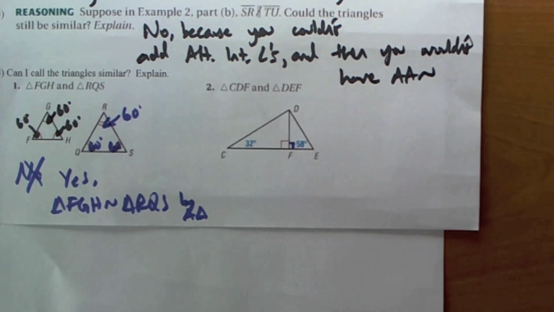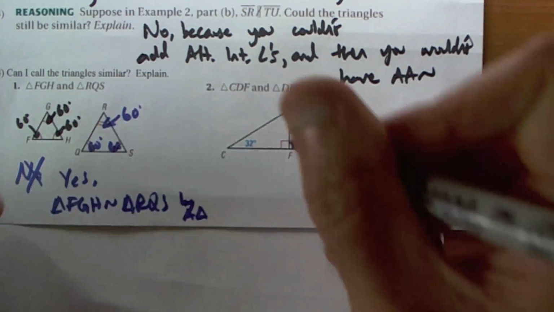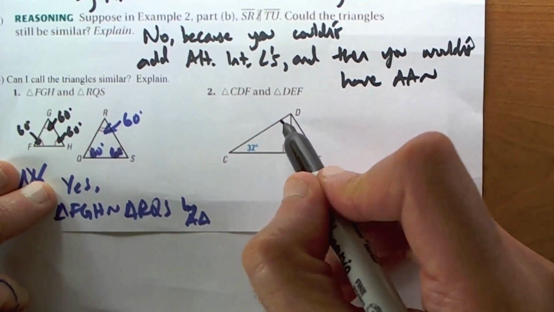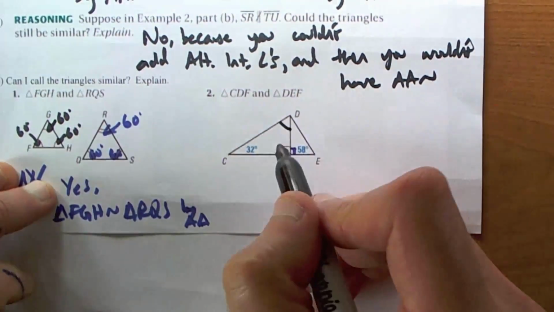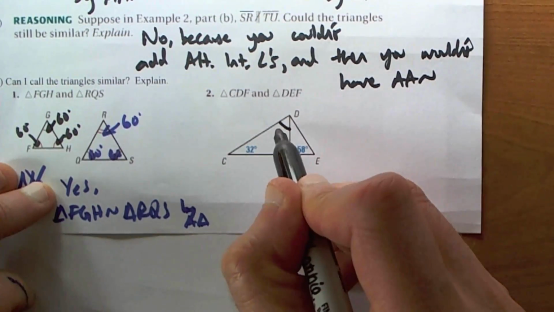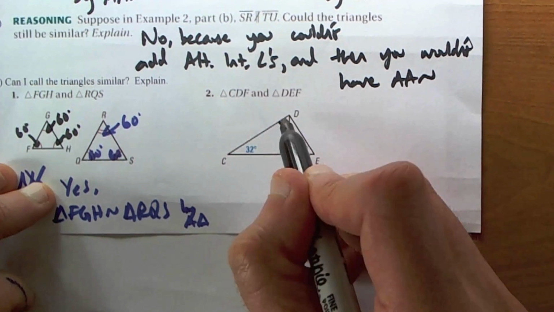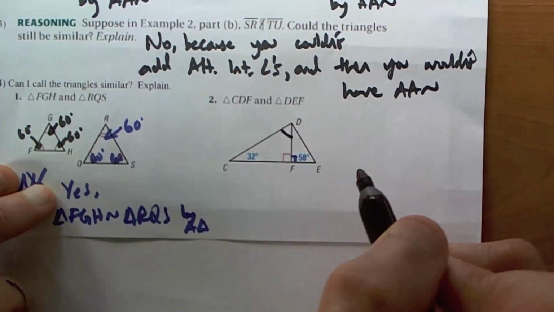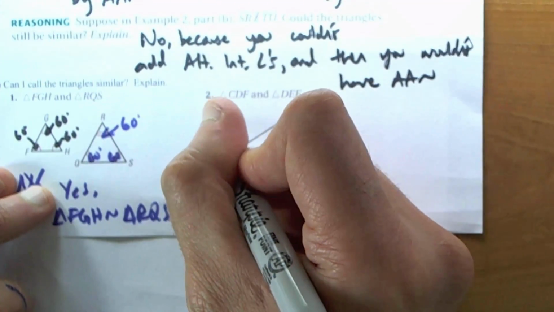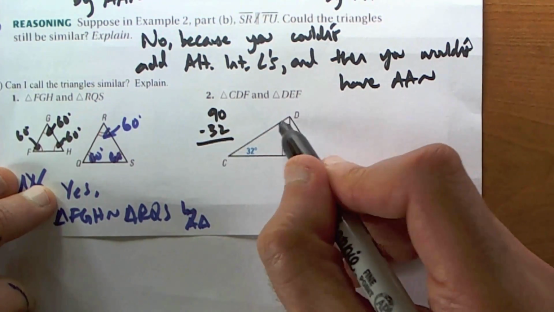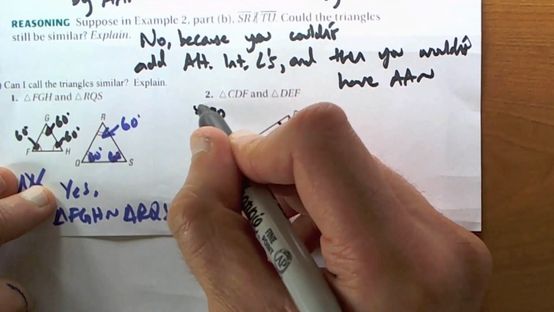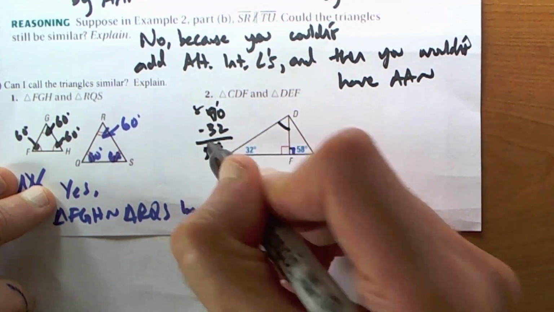Let's see if we can figure out the other one by using the triangle angle sum theorem. So I could find this angle here, angle CDF. I know that this is 90 and this is 32. So I'm going to subtract out 90 degrees and 32 degrees from 180. I'll just subtract out the 90, so I'll just say 90 minus 32, right? And that'll give me this measure here. That would be 58 degrees.